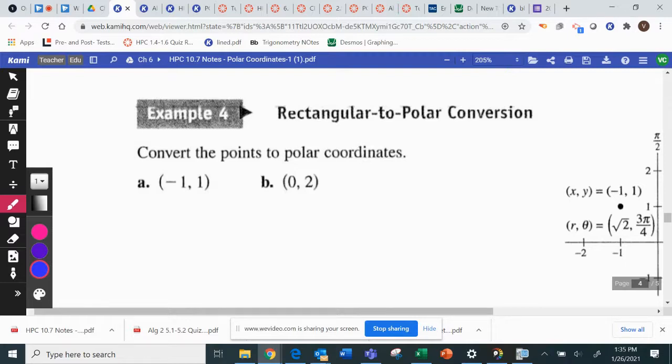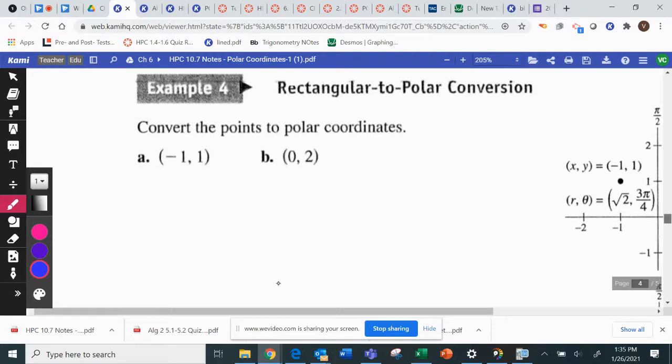Okay. This section, example 4, we're going to convert these points, which are x, y, to polar coordinates. So we're going to do this a little bit differently. These are x, y right now. We need to get r, theta.